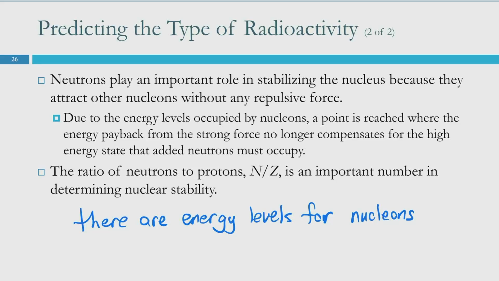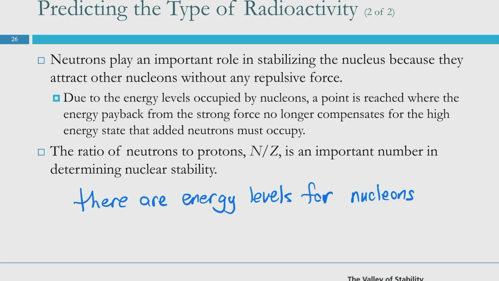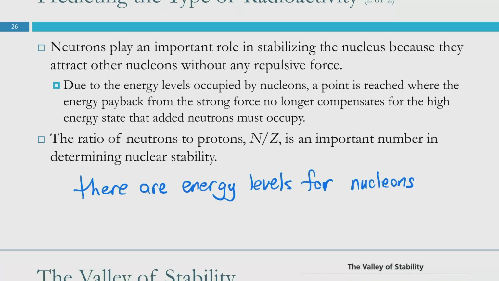So we know, hopefully you remember, electrons have different energy levels within an atom that they'll fill up based on where they are on the periodic table, the 1s, 2s, 2p, etc. There's also a similar thing for our nucleons, our protons and our neutrons. We're not really going to talk about the energy levels very much, I'm just mentioning that it exists.